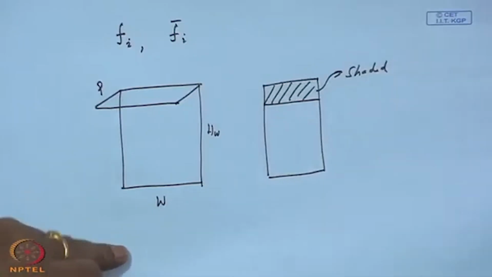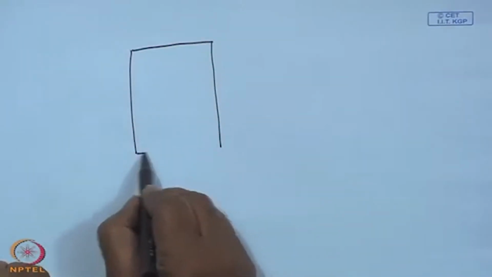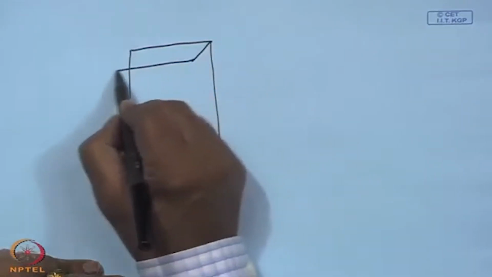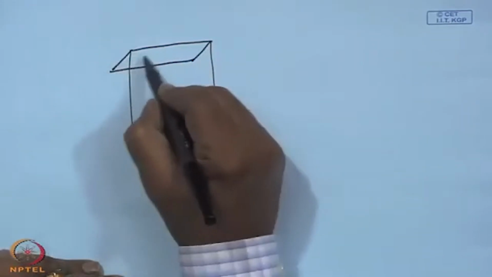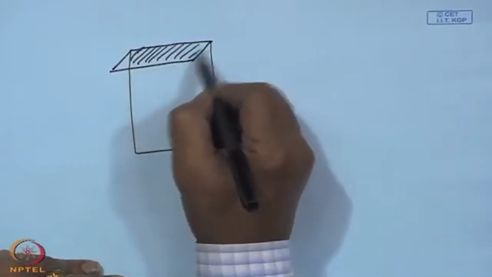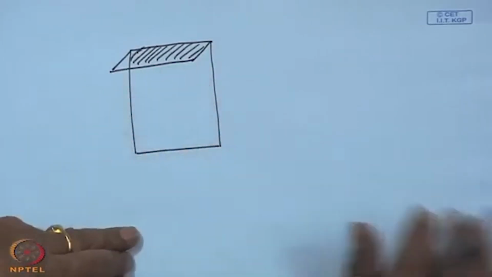This is only to recapitulate what we did earlier and to emphasize the complexity involved in calculating the shading factor, though it is very easy to understand that a projection will cast a shadow, and it could be like this. Okay, this is the shaded area, it is not the overhang, but the shadow shape goes beyond the window.